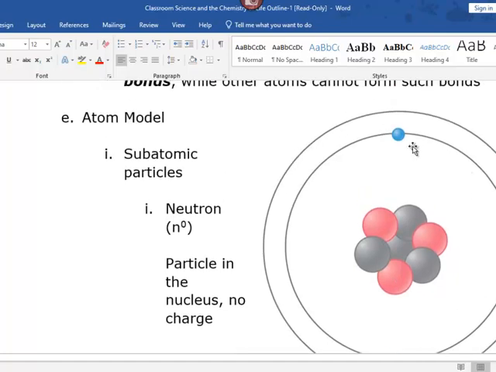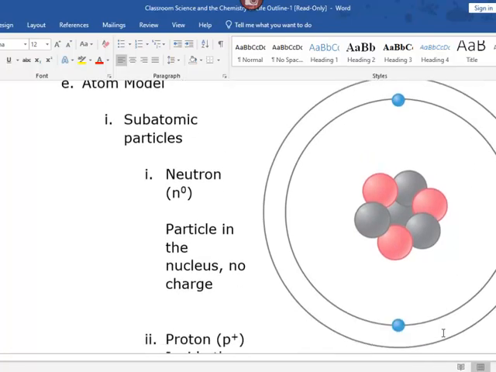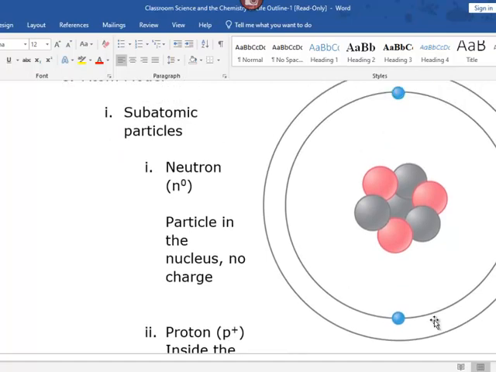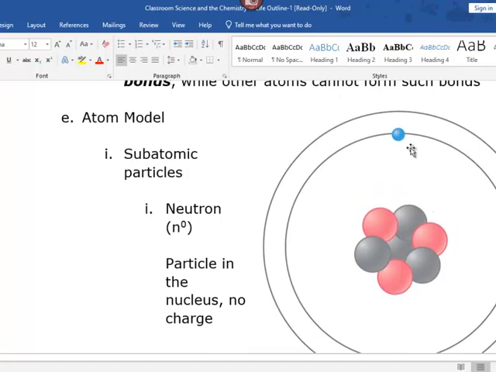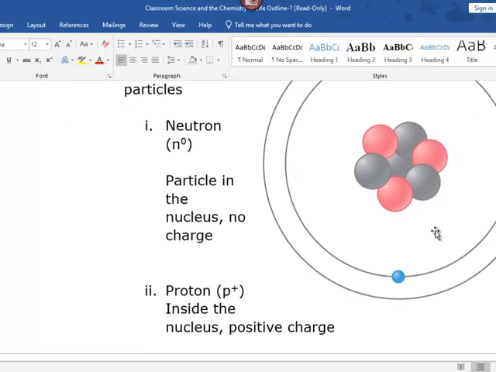Atoms in their natural state are going to have 3 electrons. That's just how it works. Sometimes there are situations where these electrons will actually move out of these shells and join with other atoms. That's where you get bonds. And then it's a whole different story as far as the balance. But atoms in their natural state have the same number of protons as electrons.